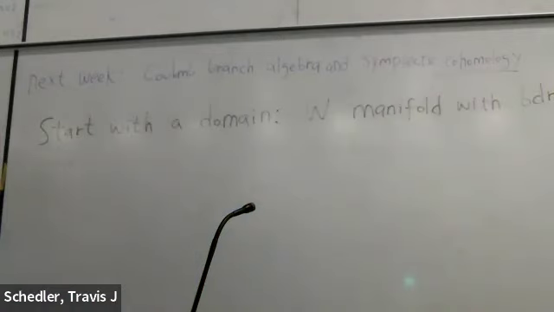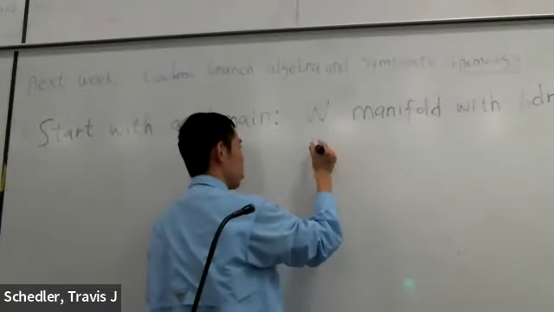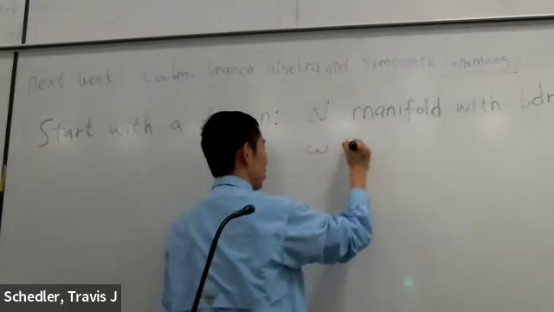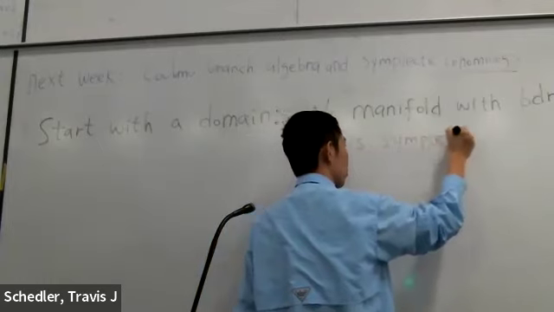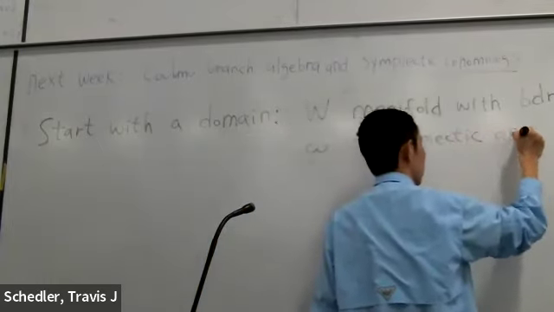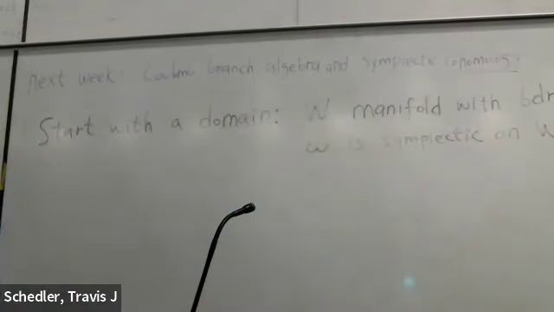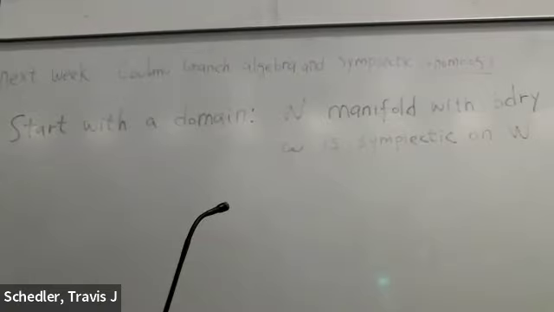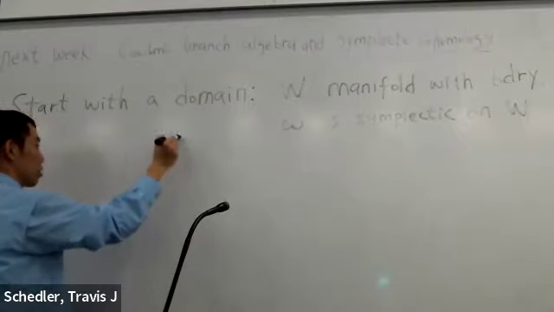And we assume this manifold is symplectic, so there is a symplectic form omega. Omega is symplectic on W, which means it's a non-degenerate closed two-form.